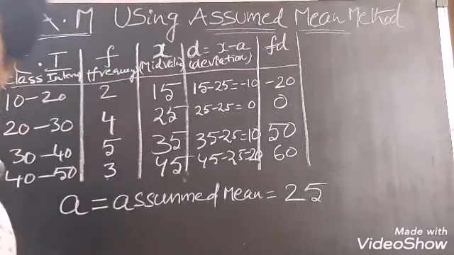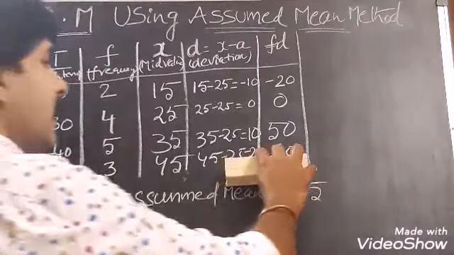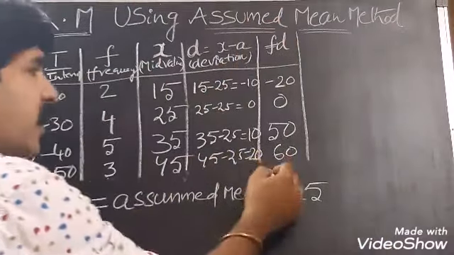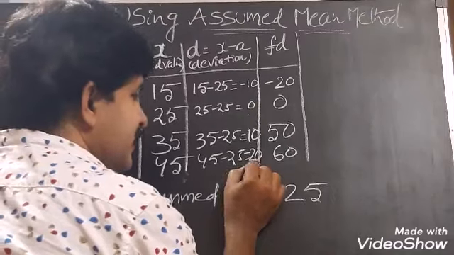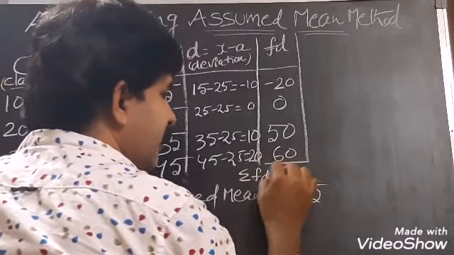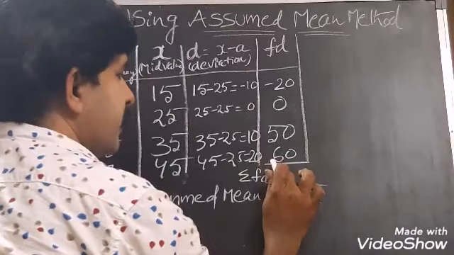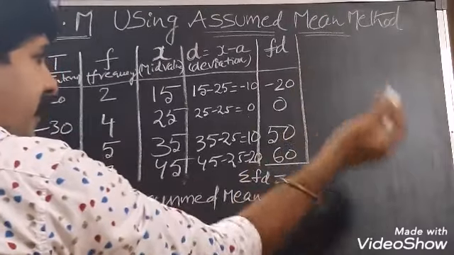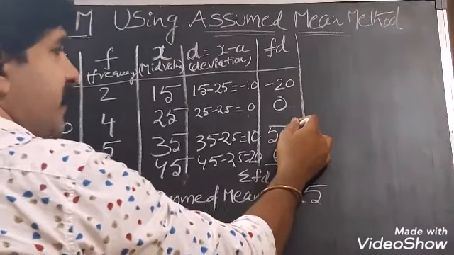What we have to do is make the total of all FD, which we call sigma FD. What is the value of sigma FD? Sigma FD is equal to minus 20 plus 0 plus 50 plus 60.